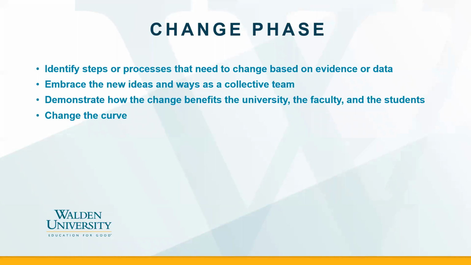For example, if you were to change, within your doctoral program, the prospectus, so you move from the traditional narrative style prospectus over to one of the new prospectus forms that has been developed, you have to present to your faculty why that is being done in terms of data.